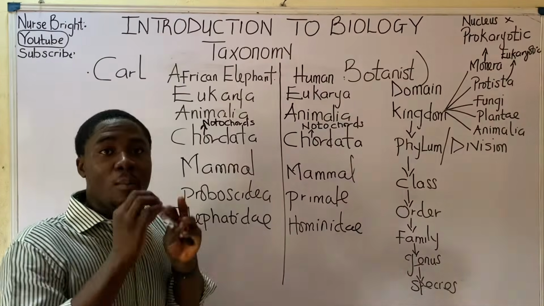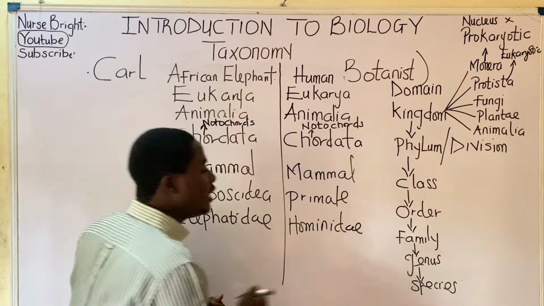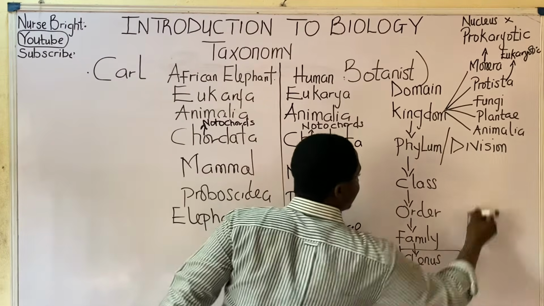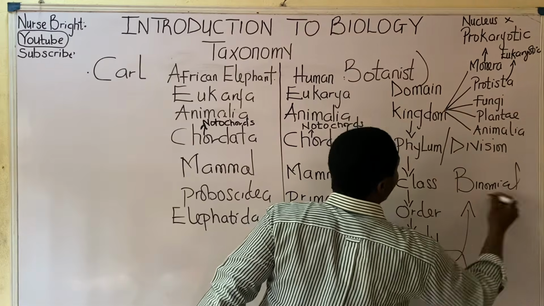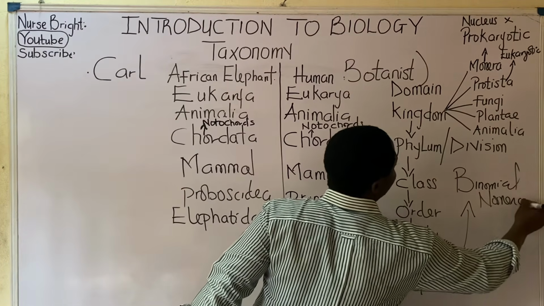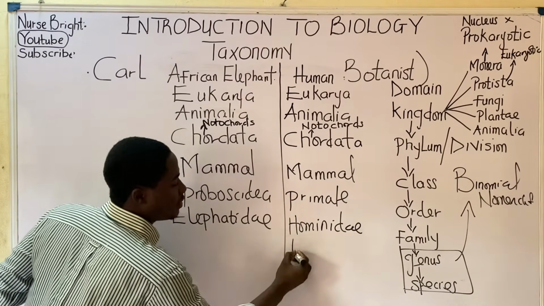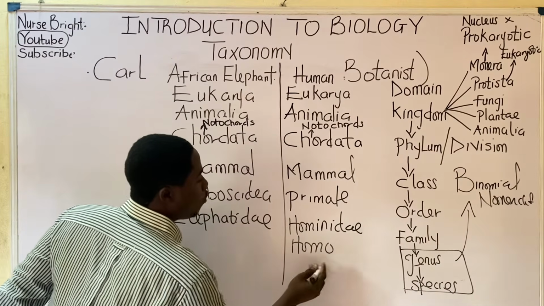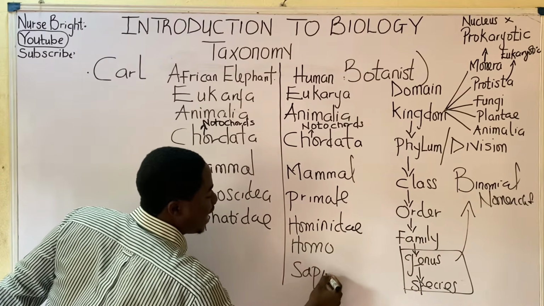Do you understand? So moving further to the last group, which is genus and species. These two hierarchies form what we call binomial nomenclature, which is the act of giving an organism two names. So the genus name for humans is Homo, whereby the species name, the specific name, is called sapiens.